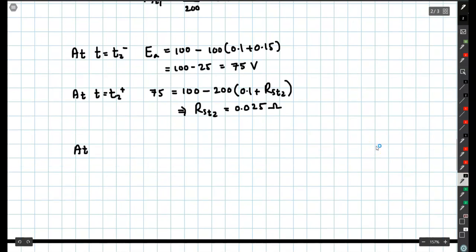So at T equals T3 minus, which is just before RST3, the back EMF increases from 75 volts to 87.5 volts at T3.